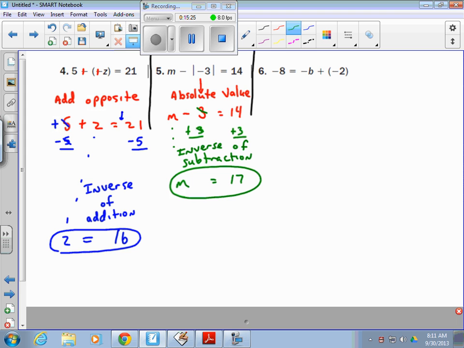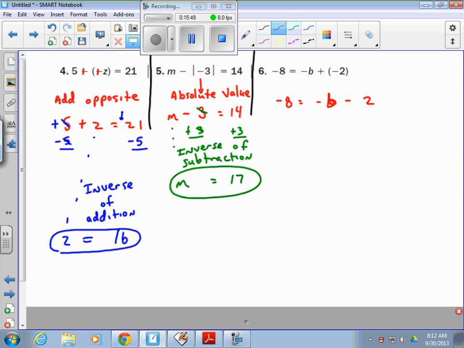Then number 6 says negative 8 equals negative b plus negative 2. Plus a negative 2. This is the same thing as negative 8 equals negative b minus 2. And remember this is a b, not a 6.